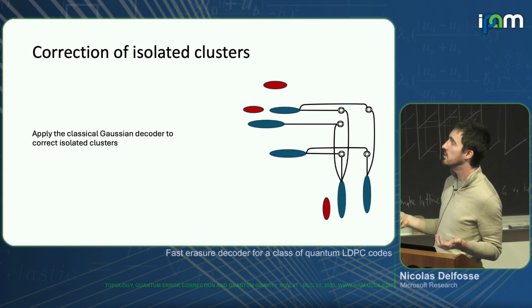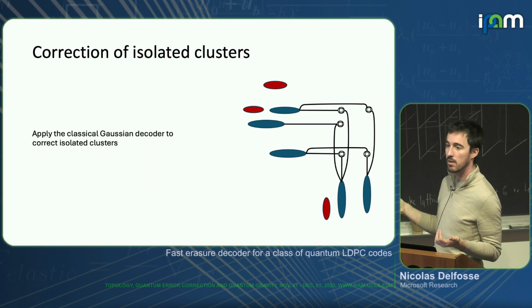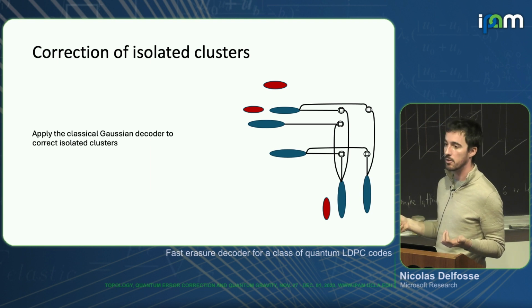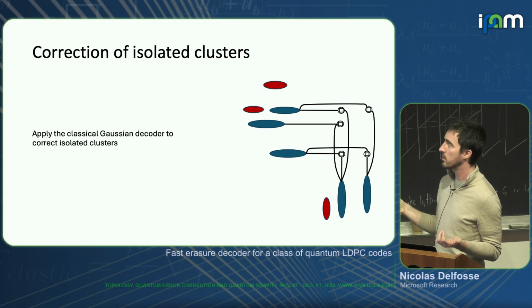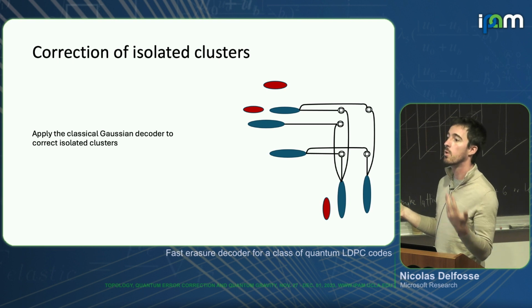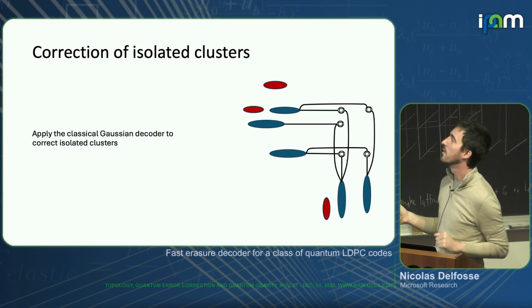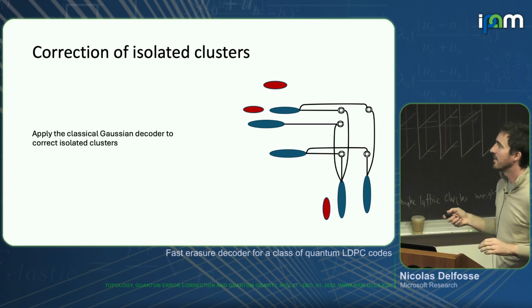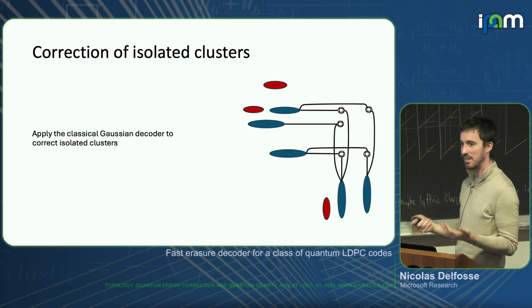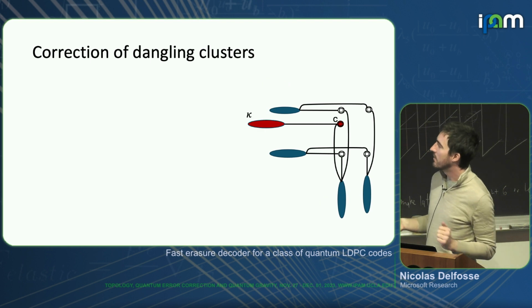I'm going to just decode this thing with a Gaussian decoder. But because this cluster is small, the complexity, even if it's cubic in square root of n, so it's n to the 1.5 here, it's square root of n cubed. So it's small enough.